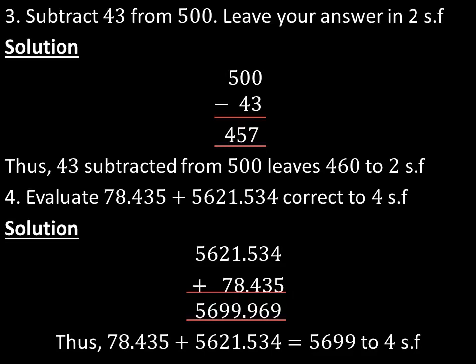But here you have 9 in the previous number, so it will be very difficult for you to add 1 to it, because if you add 1 to it, the next number is still 9, and that will cause lots of confusion. So it's better we leave our answer as 5,699 to 4 significant figures in this kind of scenario.